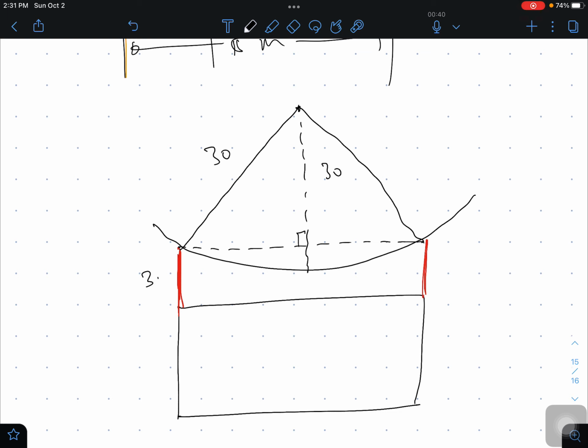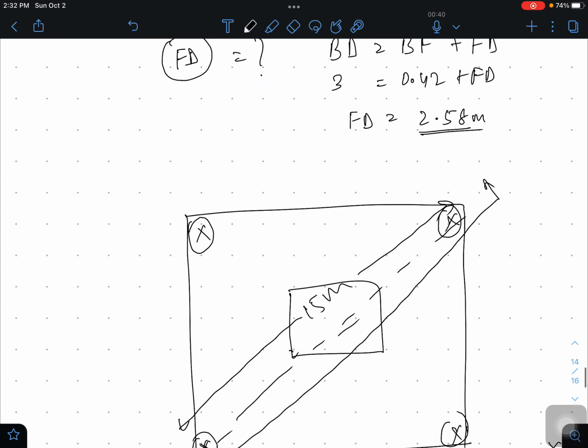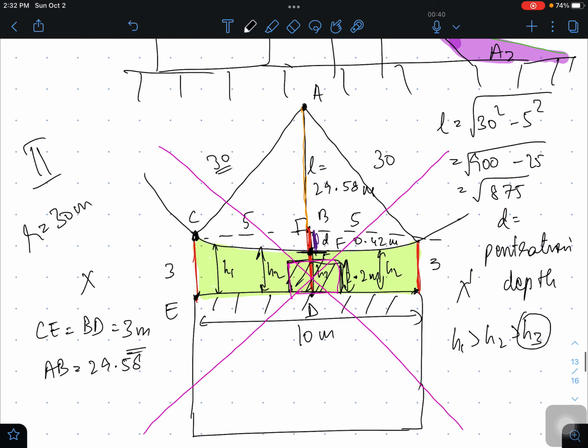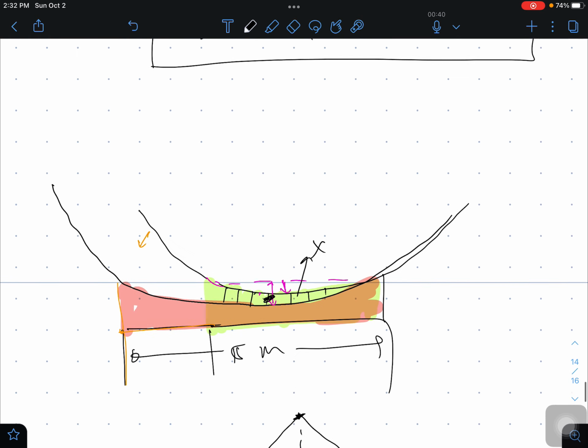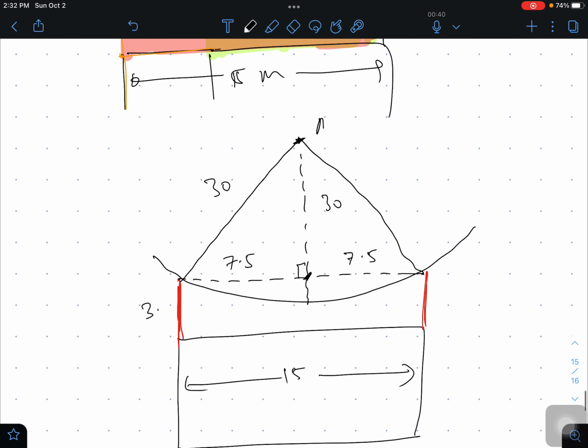This is 3 meter. This is 15 meter. So midpoint we will have to check, which is the worst case. This is 7.5, 7.5. So this length, we will take the same values, A, C, and B. This was A, this point was B, this point was C, E, this point was D, and this point was F.